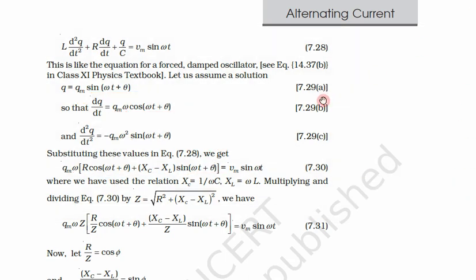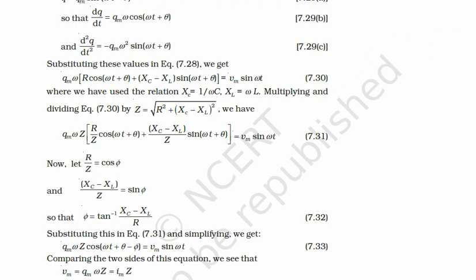So we have got up to this equation, where we have used these relations: Xc is equal to 1 by omega c and XL is equal to omega L. And we know Z is equal to the square root of R square plus Xc minus XL whole square. So let us put all these values, this value of Z, into this equation.